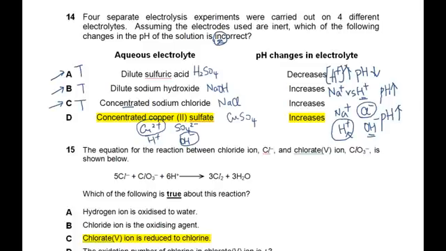So the OH- of the solution gets discharged as oxygen and water, and you get the H+ left behind. So relatively speaking, there will be more and more H+ compared to OH- as you proceed with the electrolysis. So the pH level of the solution should actually decrease. But it says yes, increase. So it's wrong. So D is a false statement, which, in our case, is what we are looking for.